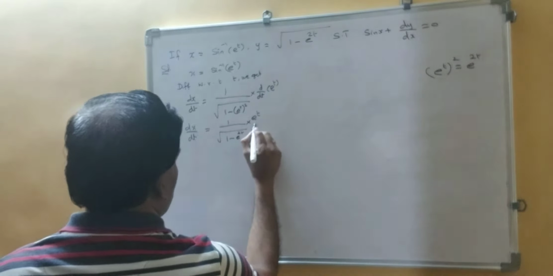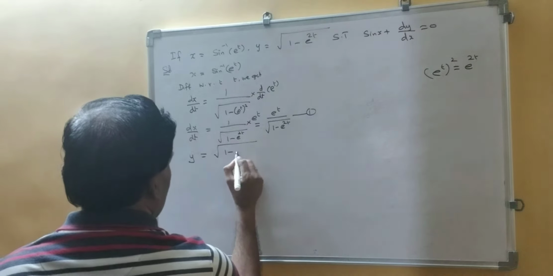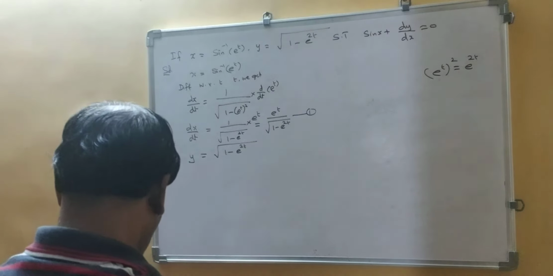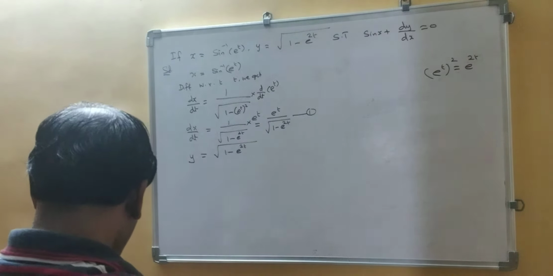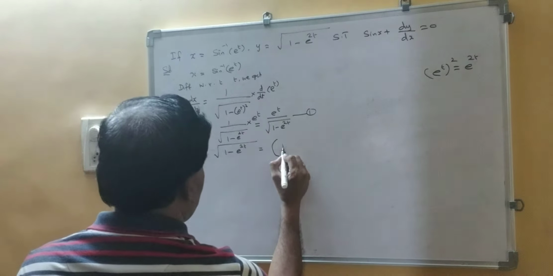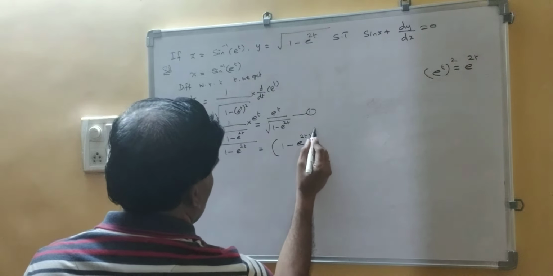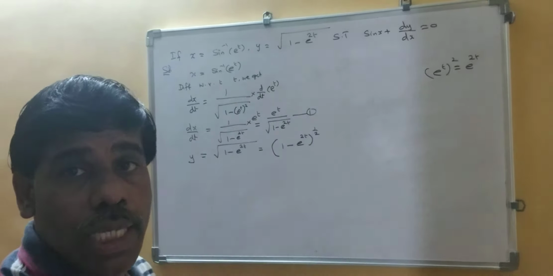Now y equal to square root of 1 minus e raised to 2t. What is y? Square root means power 1 by 2. So this is x to the power 1 by 2. So dy by dt, using the x raised to n formula, is 1 by 2 into 1 minus e raised to 2t, raised to 1 by 2 minus 1, into the derivative of e raised to 2t.